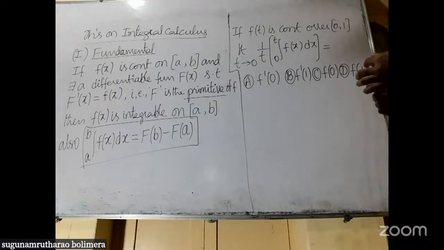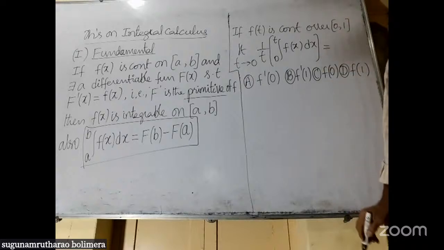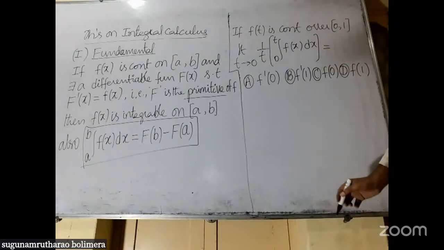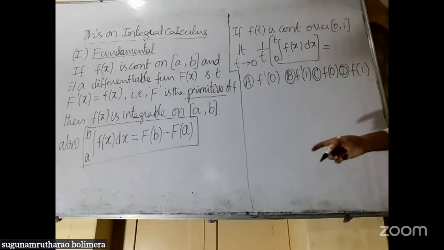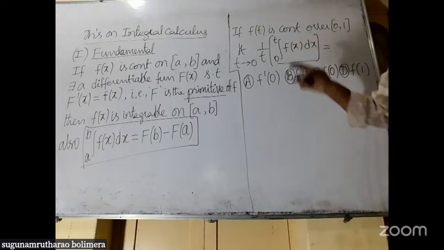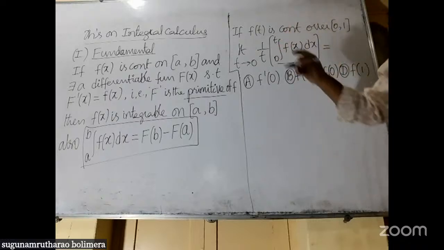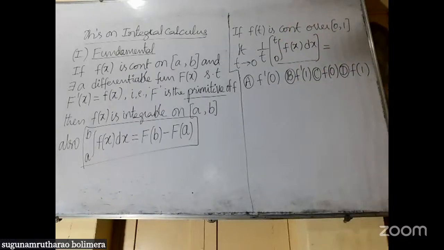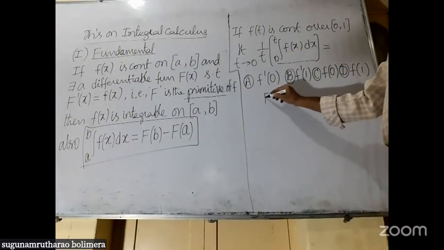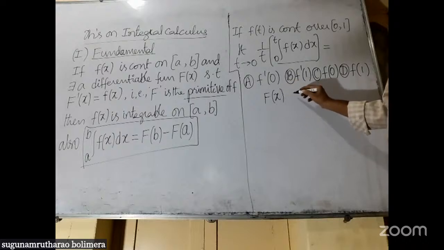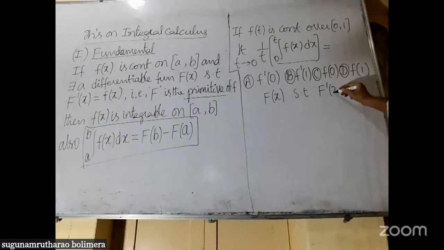See here, the function is given as continuous over this interval, and we have the integral from 0 to t of f of x dx. That means the function is integrable, and there will be some differentiable function capital F such that capital F dash of x equals small f of x.